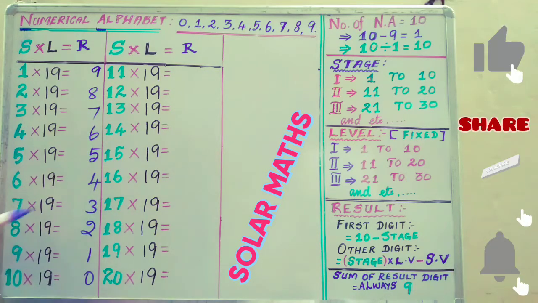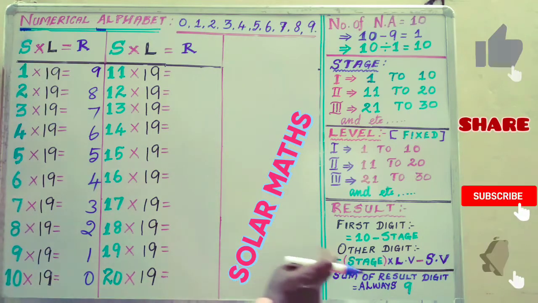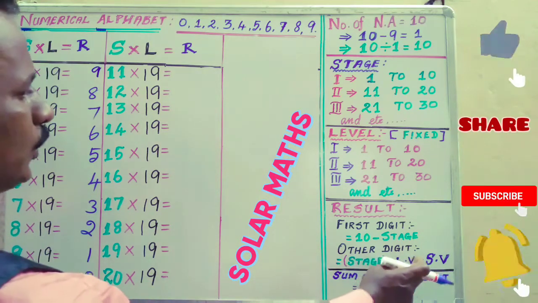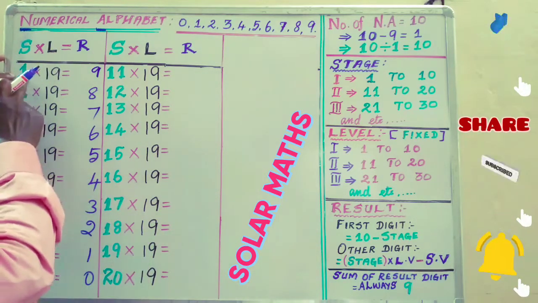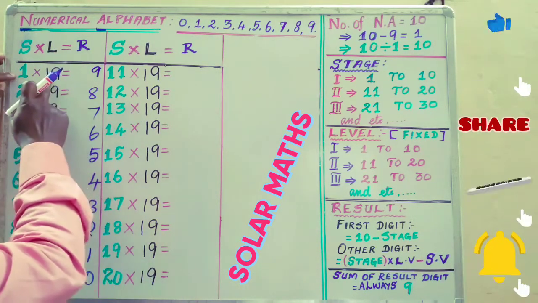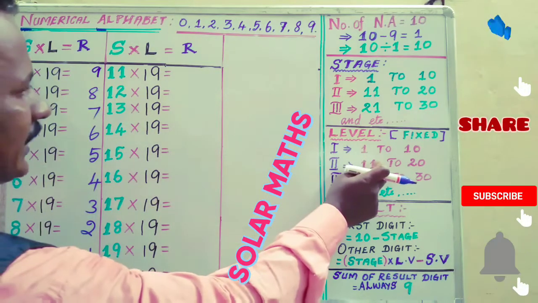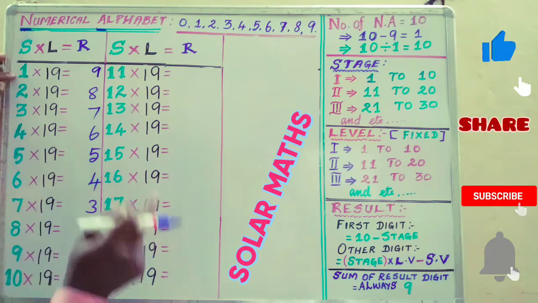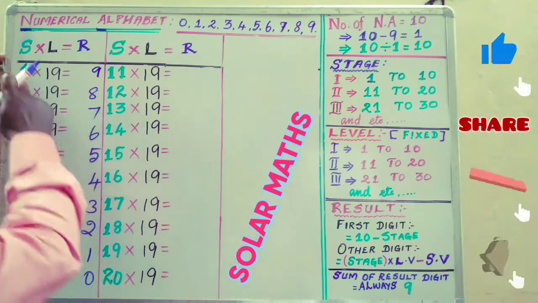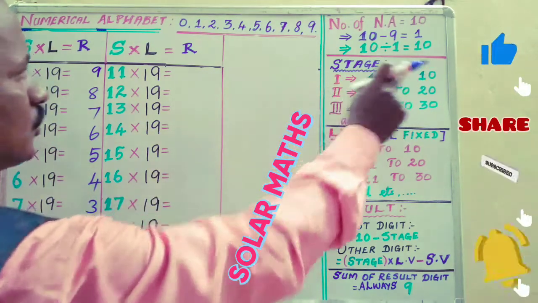And then we will find out the other digit value. So the other digit value is stage into level value minus stage value. So stage is 1 and level, 19, is the second level. So level value is 2. So 1 into 2 minus stage value 1, since 1 to 10 is the first stage.